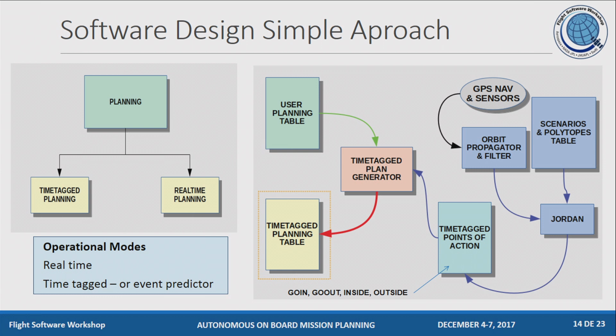But in our case, because the software is going to be executed on board, the software needs to have functions to propagate the orbit, for example, for today, and we generate a table with all the points where the satellite, or the instrument subpoints, cross each polytope.